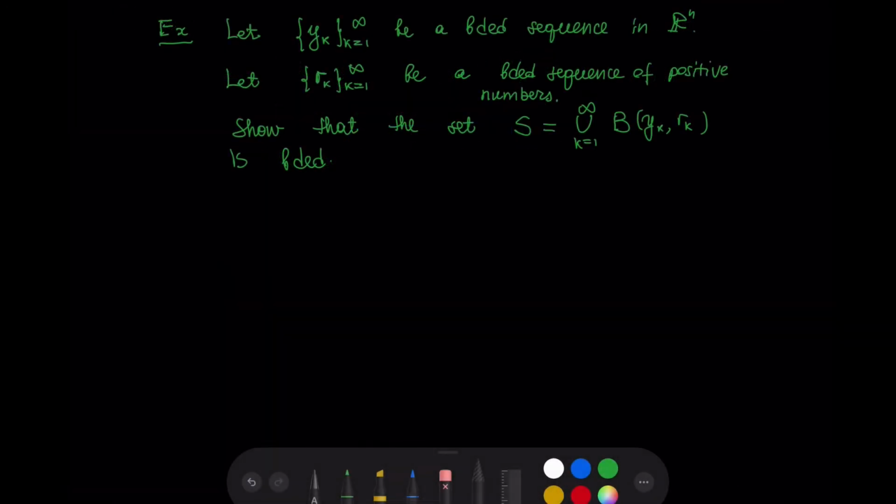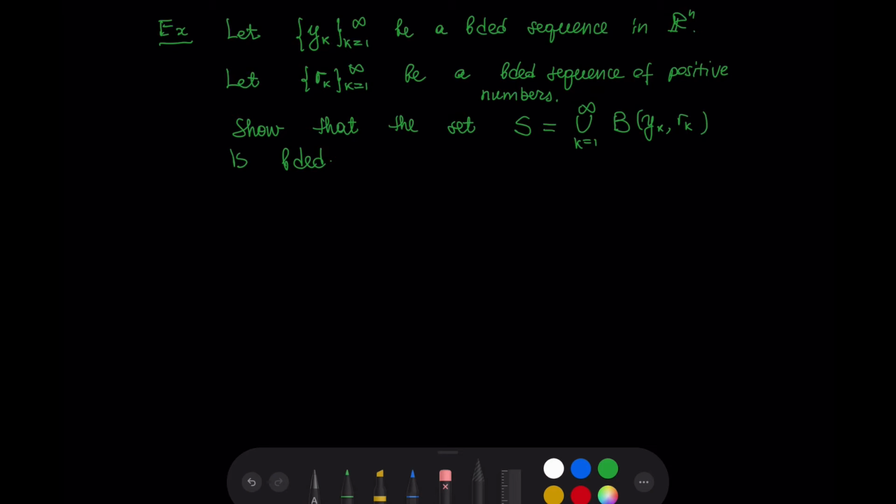Let us consider another example. So let yk be a sequence in Rn that is bounded. So every term of the sequence yk is an element of Rn, and this sequence is bounded. Let Rk be a sequence of positive numbers, so every term of the sequence Rk is a positive number, and assume that this sequence is bounded.